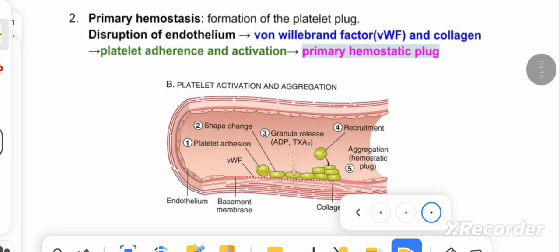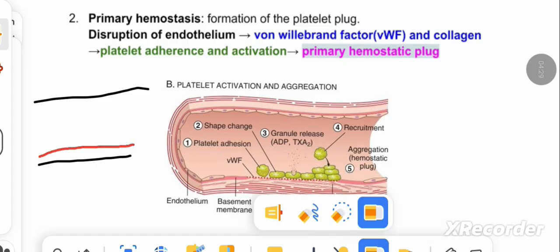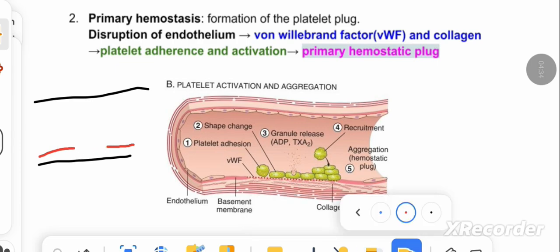They'll start attaching themselves. Okay, so we have a layer of endothelial cells. Then once we have anything that damages that layer, we have this factor called von Willebrand factor, which is exposed there. So once it is exposed due to that endothelial damage, these platelets will come into contact with the von Willebrand factor as well as the collagen there.